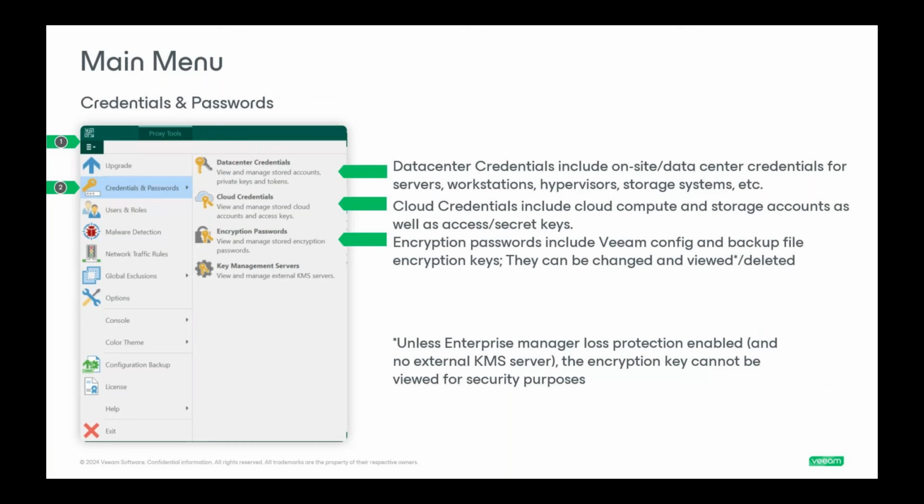So in that event, Enterprise Manager is really handy, giving you that extra resource if you needed to unlock your configuration database, or if you needed to restore a server and you were losing your encryption password of some sort. But all those passwords will be stored there.